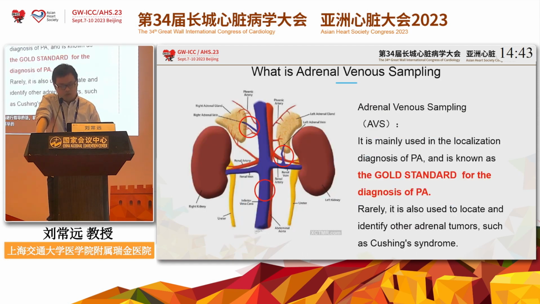To distinguish unilateral from bilateral causes, AVS is needed, although it is expensive and technique demanding. Now, all current clinical guidelines recommend AVS as the gold standard for the diagnosis of PA, especially subtyping of PA. Rarely, it is also used to locate and identify other adrenal tumors such as in Cushing syndrome.